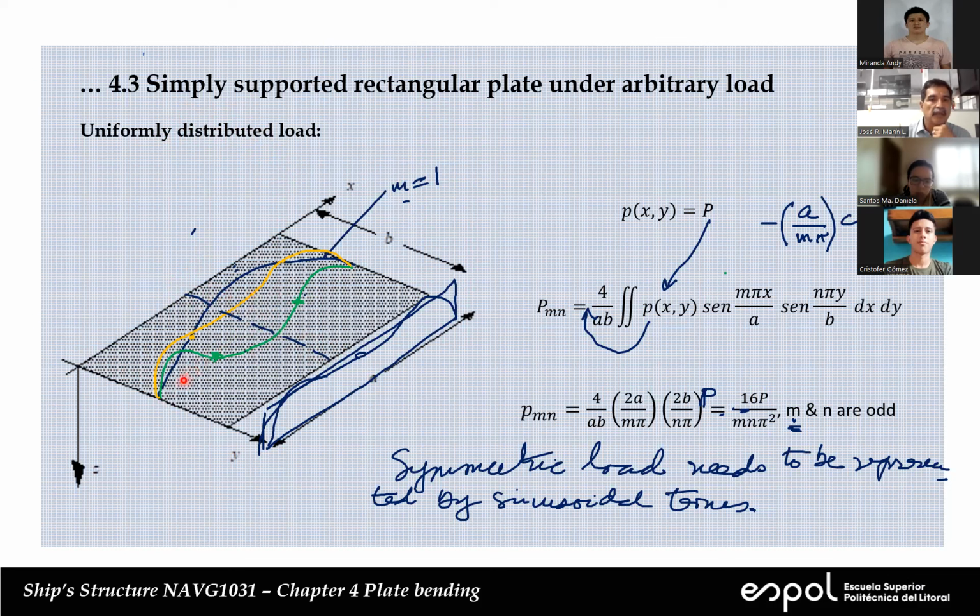That's why you need to use only odd terms, because when you use odd terms, the sinusoidal terms are symmetric with respect to this line. So if P of xy is symmetric, that needs to be represented with symmetric terms. If it is asymmetric, then it needs to be represented by asymmetric terms. Makes sense.